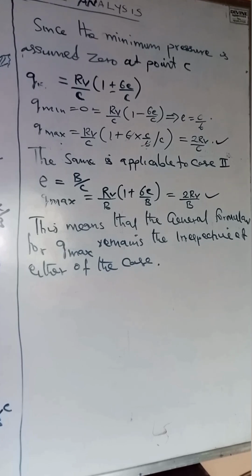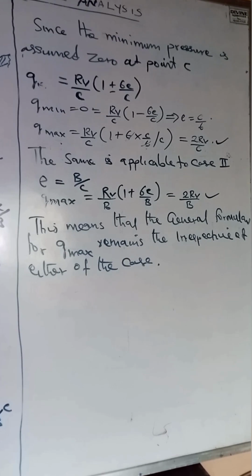This means that the general formula for the maximum pressure remains the same irrespective of whether it is case 1, case 2 or case 3. Whichever case your design falls into, the general formula still remains the same.